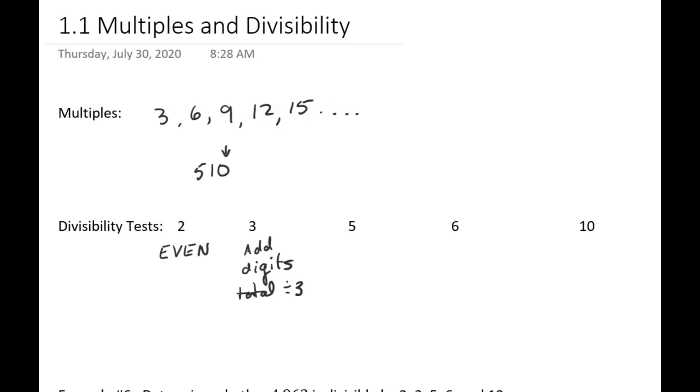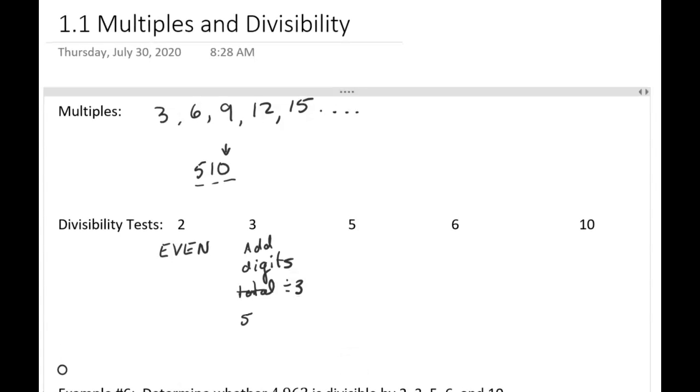So I didn't know 510 was divisible by 3, but now I'm looking at the digits 5 and 1 and 0. I'm adding those up and getting 6, right? 5 plus 1 plus 0 equals 6. So yeah, the whole number is divisible by 3. I don't know how many times it goes in, but it goes in.